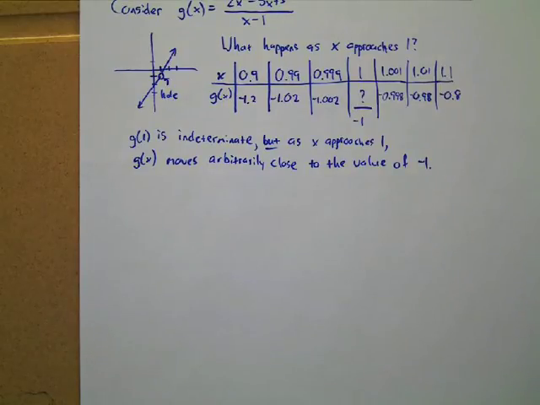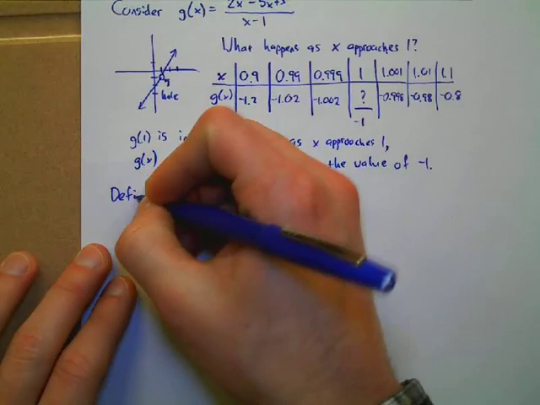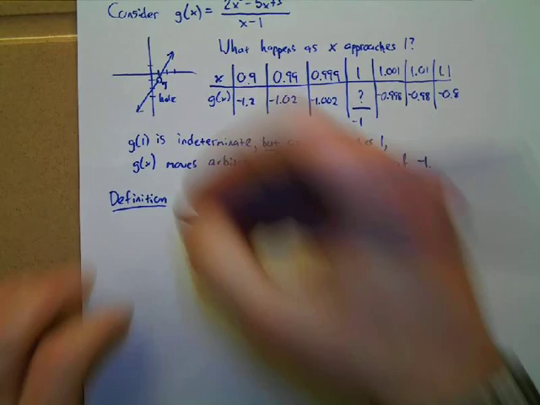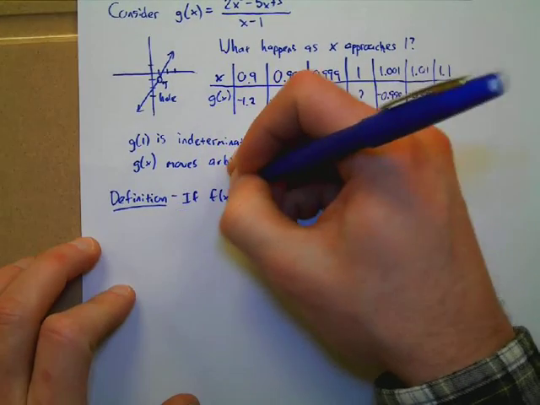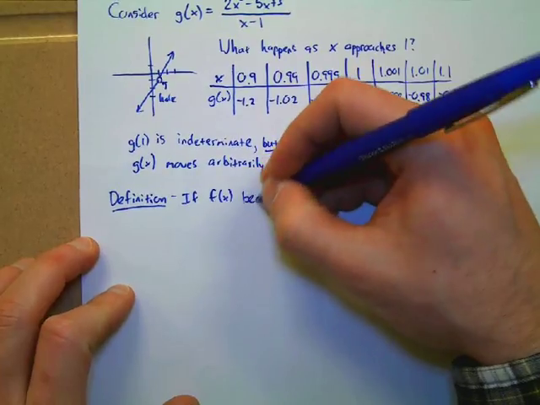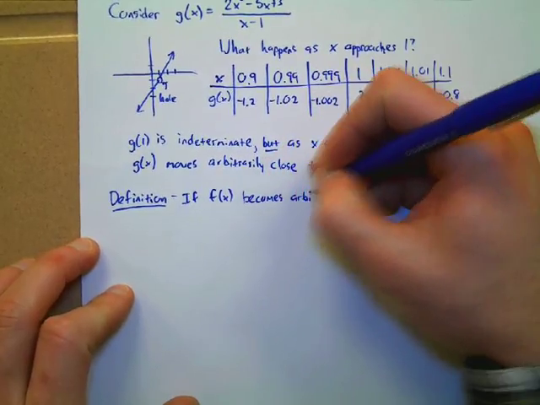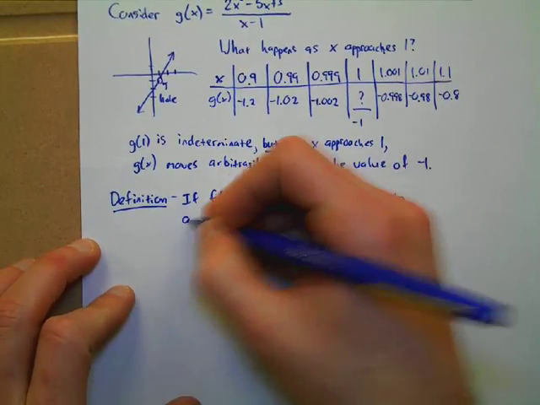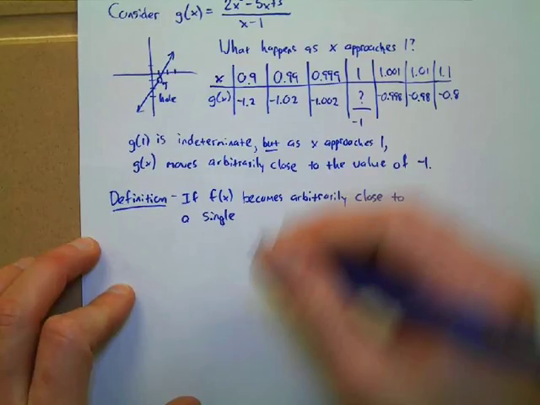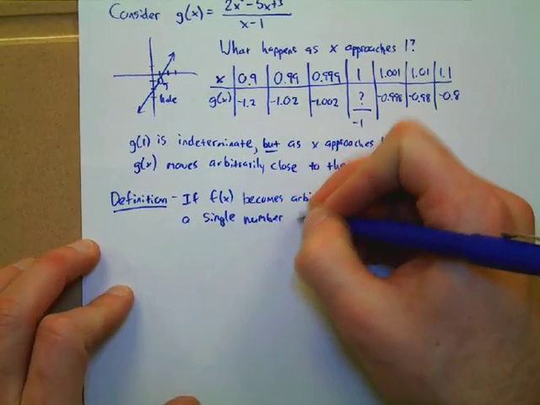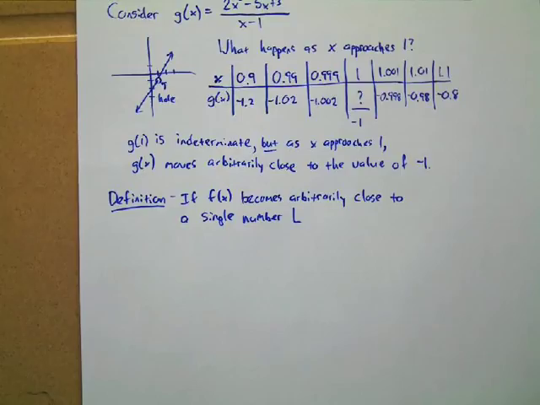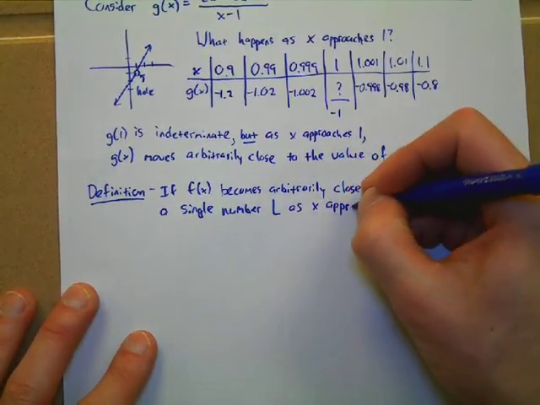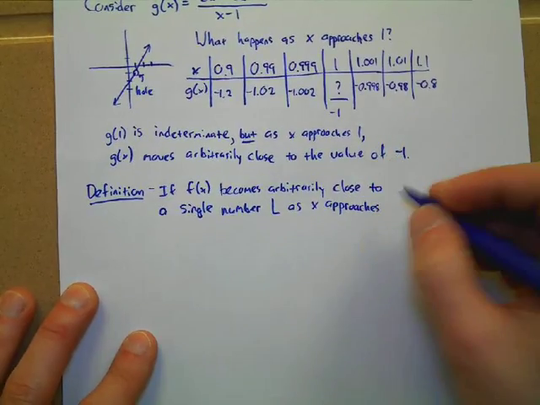So, if f of x becomes arbitrarily close to a single number, and we'll call it capital L, as x approaches a number C, from either side.